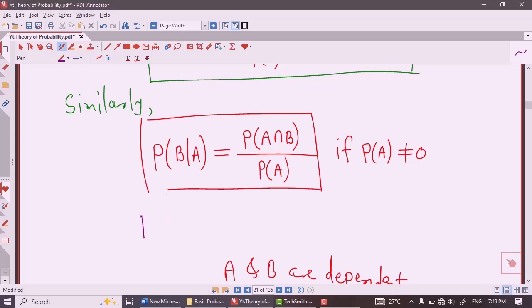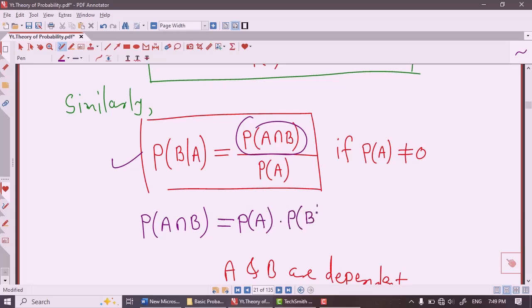Here we can rewrite this in this way also. Probability of A intersection B can be written as probability of A times conditional probability of B given A. Here we require that probability of A is not equal to 0.